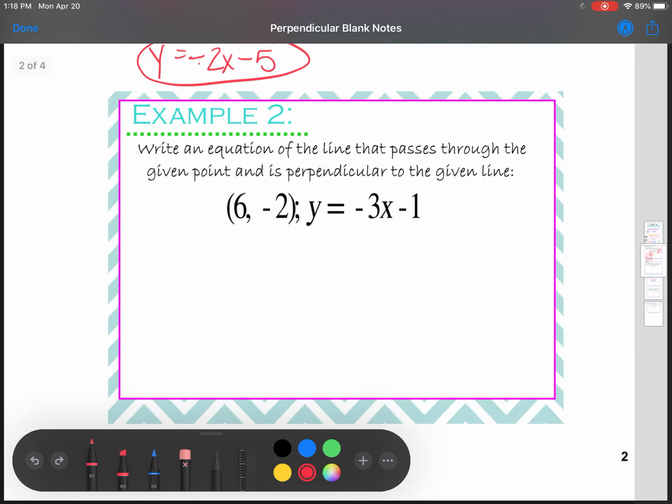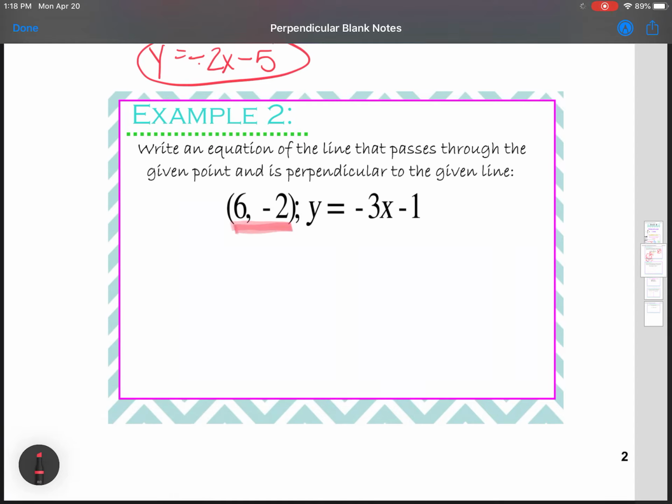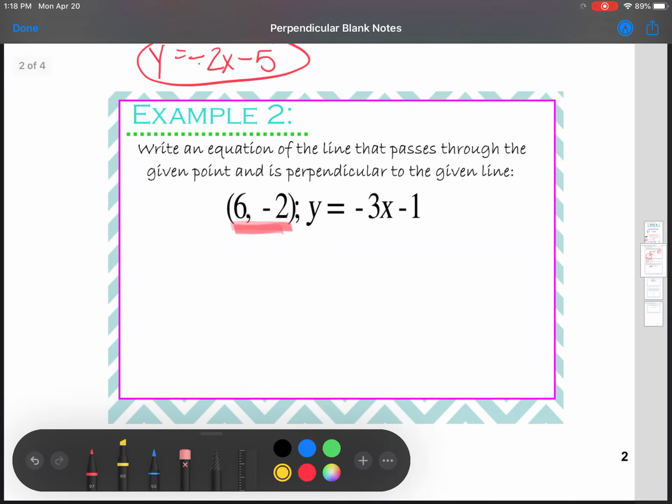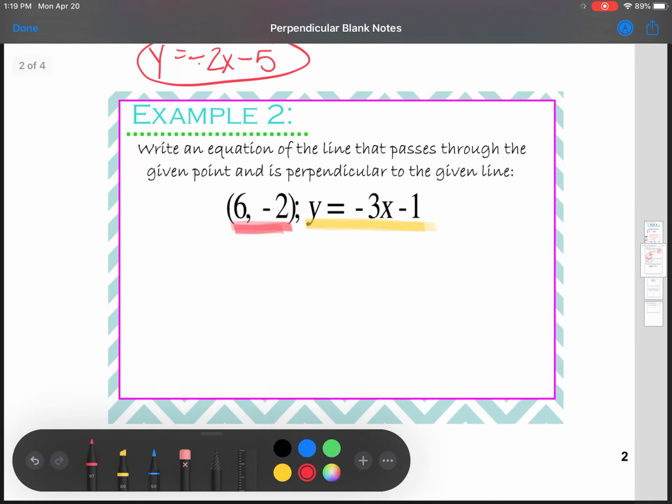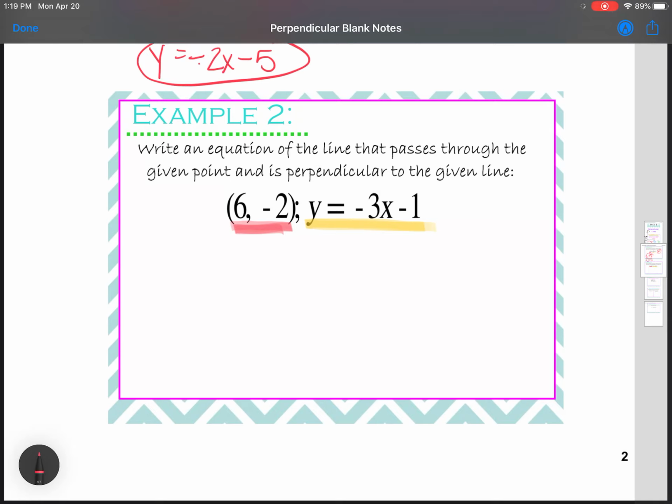Now, in example 2, we're going to do the same thing. I have 6, -2, and I have my original -3x minus 1. The m of my original, I'm just going to put an O on top, is -3. So my m of the perpendicular line is going to be the negative, so negative becomes positive, and the reciprocal of 3 is 1/3, so positive 1/3.